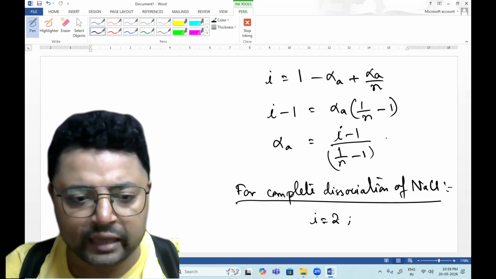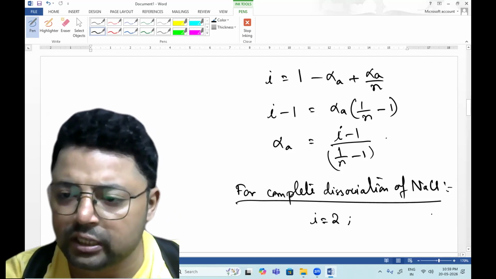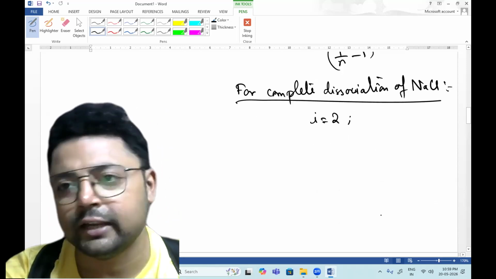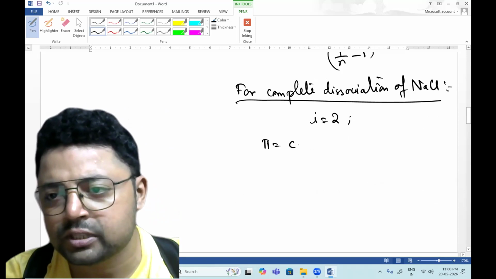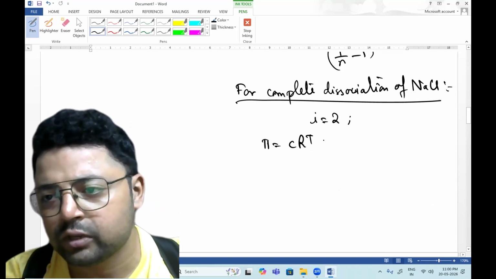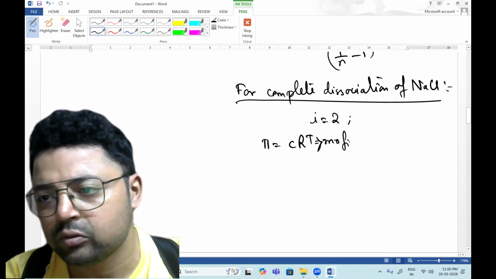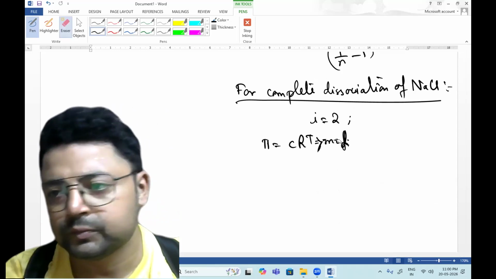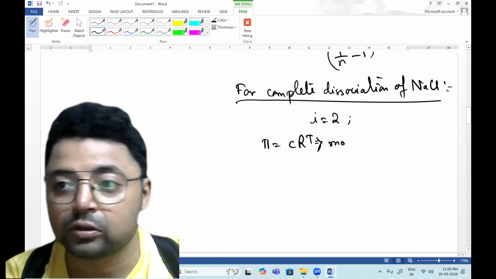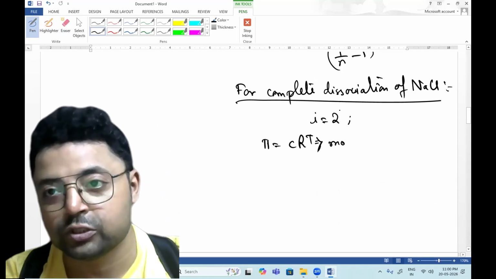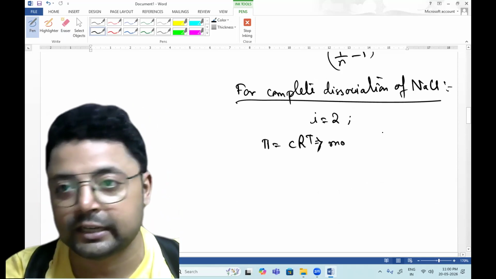Now, this I will be added to all the colligative properties. Like we have read pi equals CRT. It will be modified, pi equals CIT, for solutes which are capable of getting dissociation.